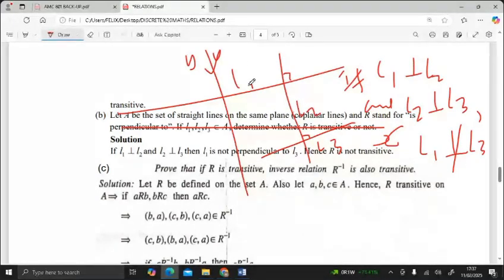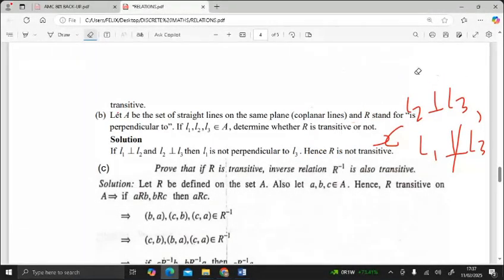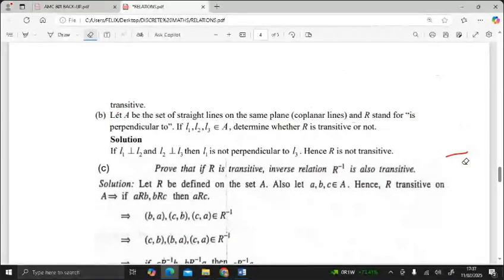When you sketch, of course, this one is not one of the best sketches. The x-axis should be that, the y-axis should be that way. But you can see L1 is perpendicular to L2, and L2 is perpendicular to L3.